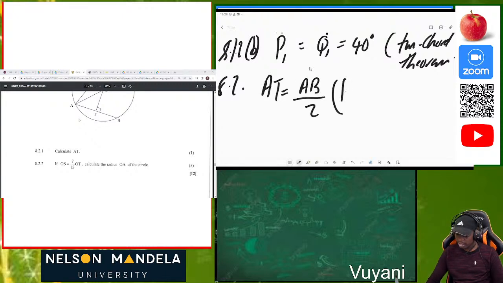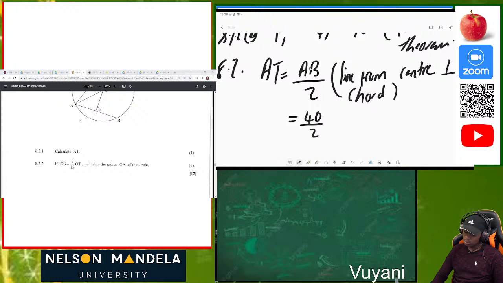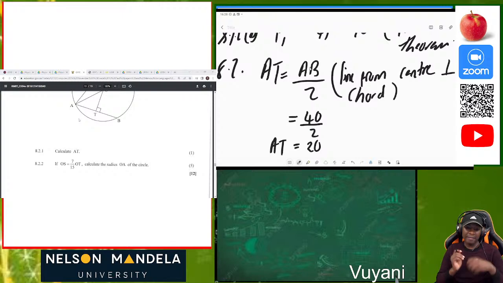Because we know that a line from the center perpendicular to the chord bisects the chord. That's the reason. What was our AB? Our AB was 40. Then our AT will now be 20. Then we have our mark.